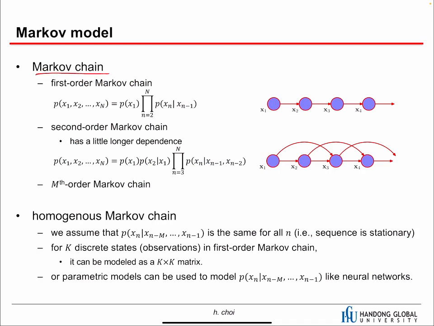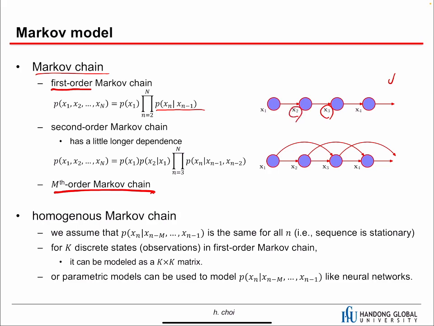So Markov chain, the simplest one is the first order Markov chain, and the next one is the second order Markov chain. In the first order Markov chain, instead of considering all the history, we consider just the previous one. As you can see here, when we are interested in x3, we will just check x2.